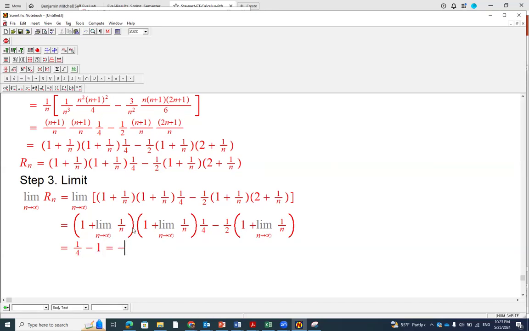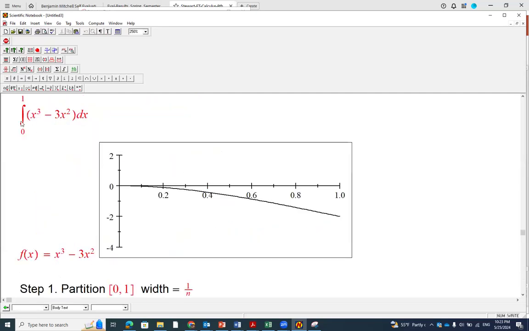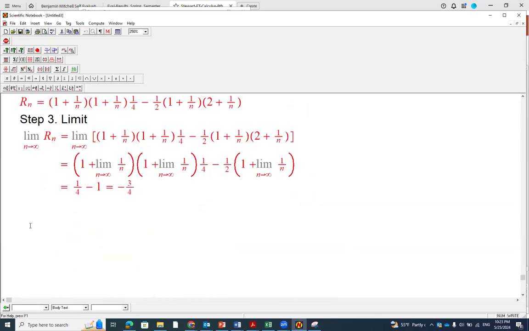So in the end, it's -3/4. So the total area underneath the curve is -3/4. Okay? Therefore, you can say this whole piece is equals to -3/4. Does it make sense?